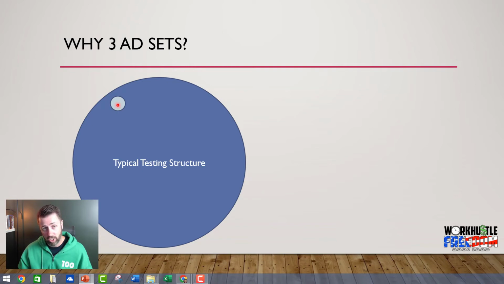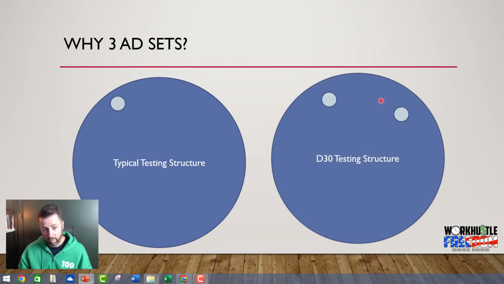Think of it like a hand of blackjack. It doesn't make you a bad player to have a bad hand. Maybe that day you just had a bad hand, and the people that it was searching for, based on Facebook's best guess, just weren't here. Well, if that was your testing structure, you may think that it's a dud product. How we attempt to mitigate that is kind of like when people play more than 1 hand in blackjack. We have 3 ads.